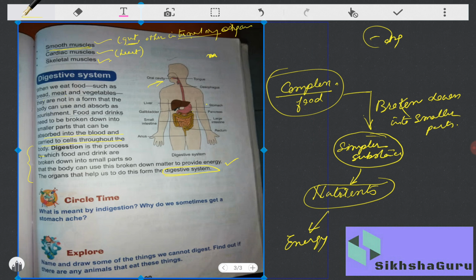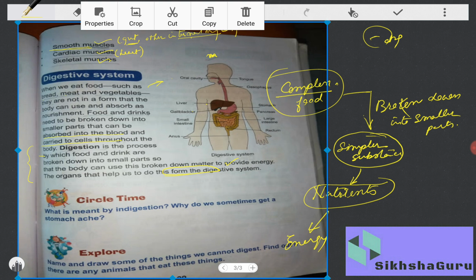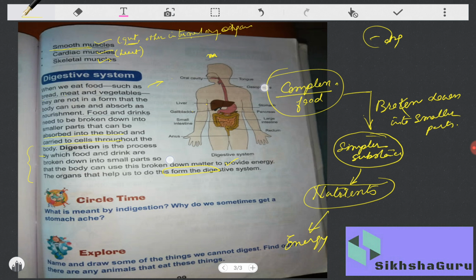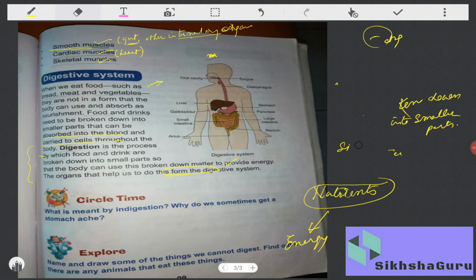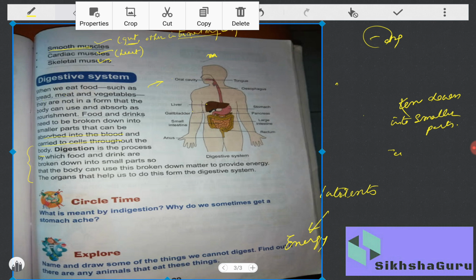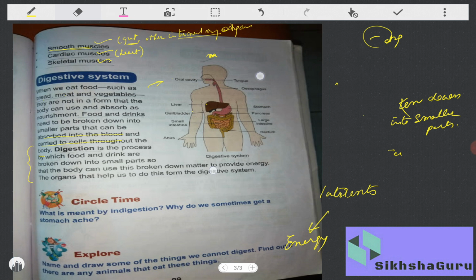The food comes down through the oesophagus and it reaches the stomach. This is the stomach.